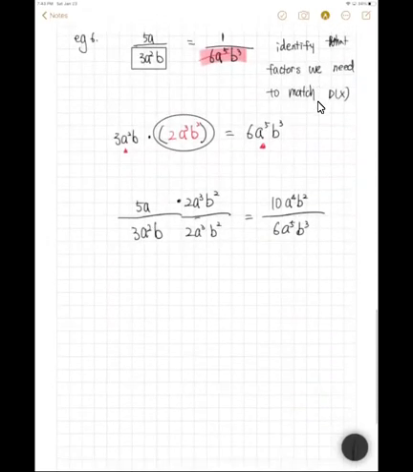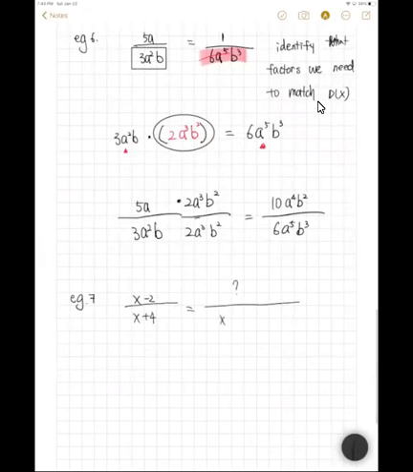Okay, next try something. So if I have x minus 2 over x plus 4 equals, I don't know the top, but I know that the bottom is equal to x squared plus 7x plus 12. What would you do?